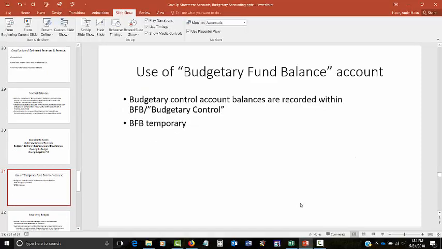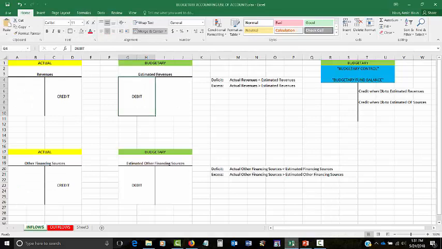If we go back and take a look at the Excel spreadsheet that I had shared with you all prior in regards to setting up the budgetary accounts, we had said we're going to have an estimated revenues and an actual revenues account that we know about in our operating statement accounts.